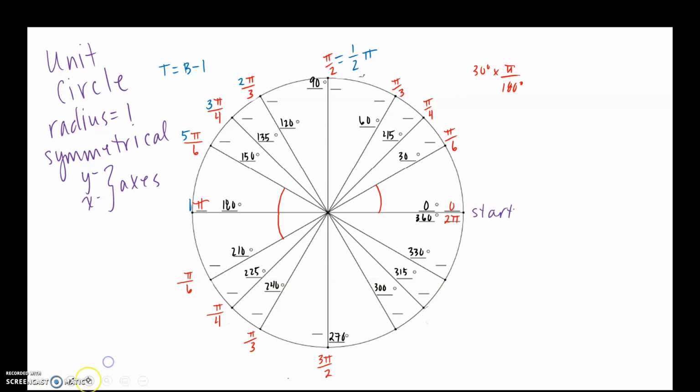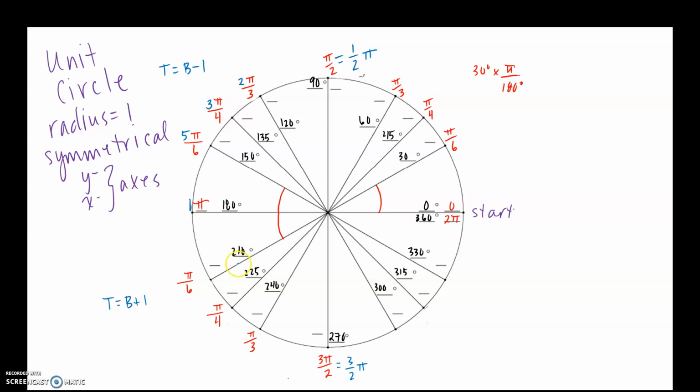Now when I look at my third quadrant, my coefficients to pi have to be between 1 and 1.5. So my relationship is that my top number is going to be my bottom number plus 1, because I need this coefficient to be a little bit bigger than pi. That's why I'm going to add to the numerator.